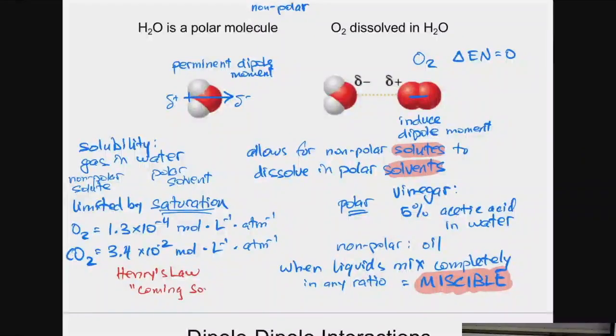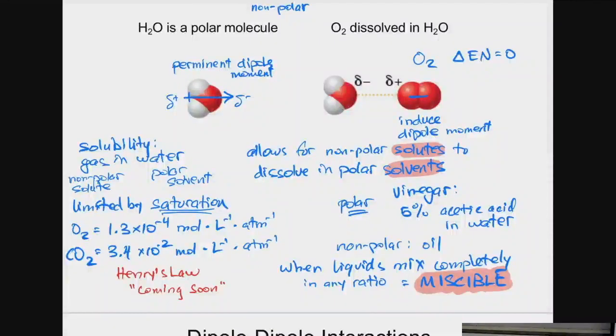All right? But in the context of today's discussion, take a look at this. We already know oxygen is nonpolar. Is carbon dioxide polar or nonpolar? It's also nonpolar. So these are both nonpolar solutes being solubilized in a polar solvent.